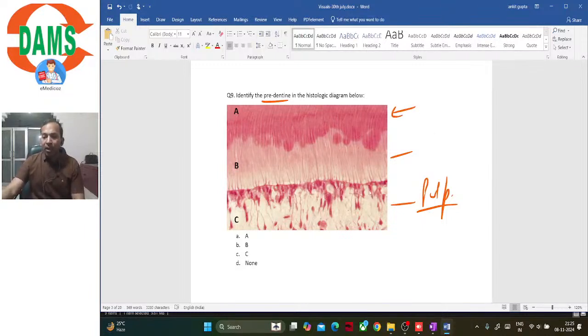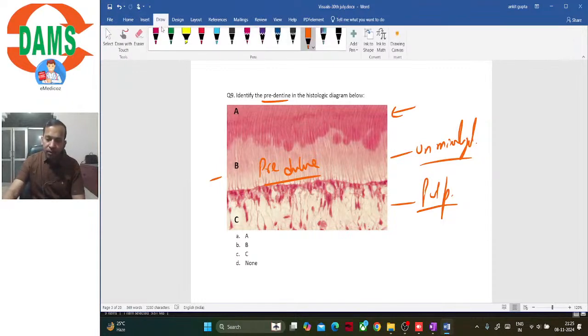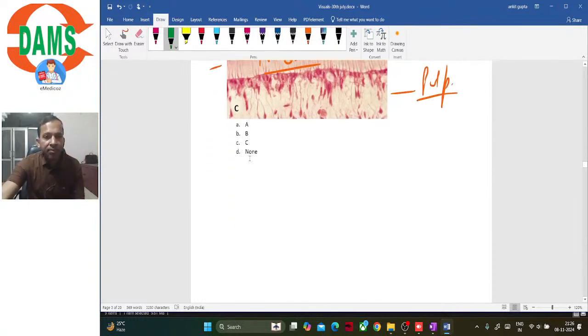The dentin close to the pulp will be the unmineralized one. So this is the predentin, and this is the mineralized dentin. Mineralized dentin will appear more eosinophilic, darker as compared to the predentin.